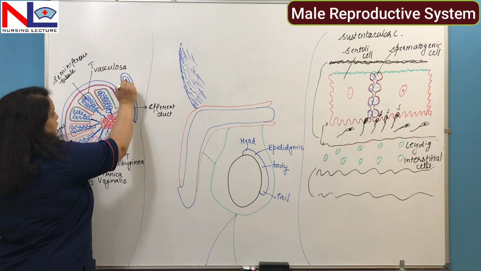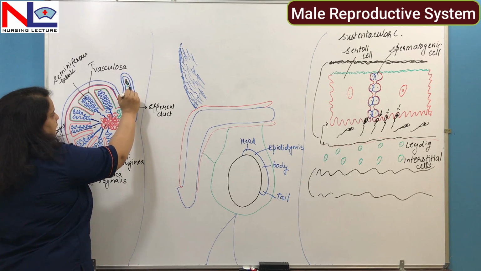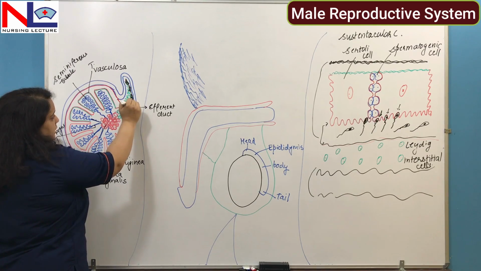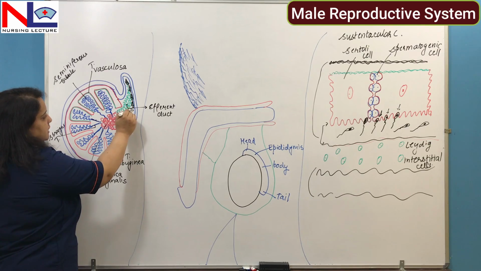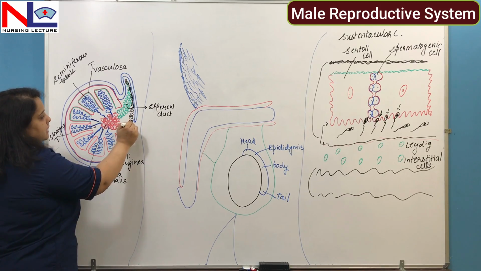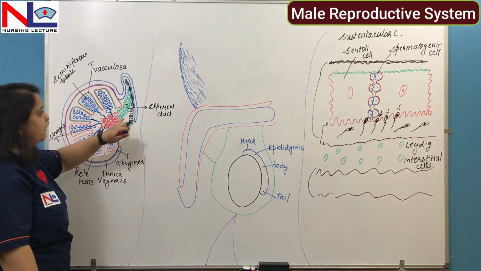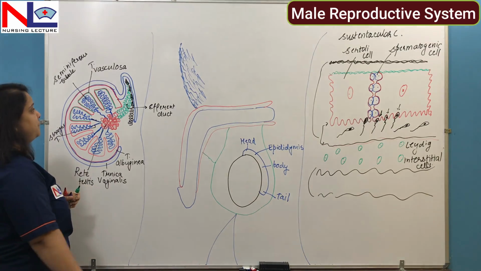There they merge together and move down into the body and tail part. This duct is called the ductus epididymis, the duct of the epididymis.